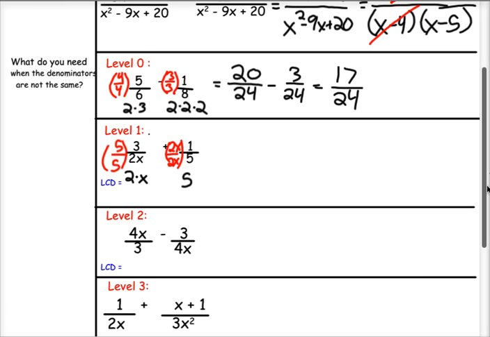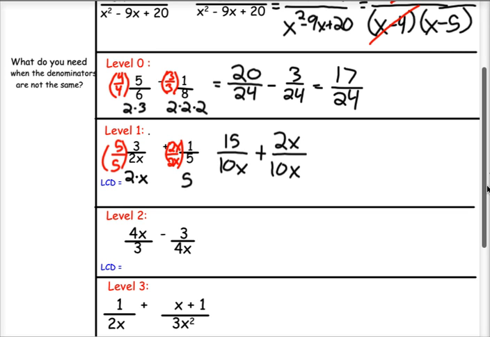So the first one is going to give me 15, and then 5 times 2x is 10x. Then the other one is going to give me 2x over, and again, 2x times 5 is that same 10x.